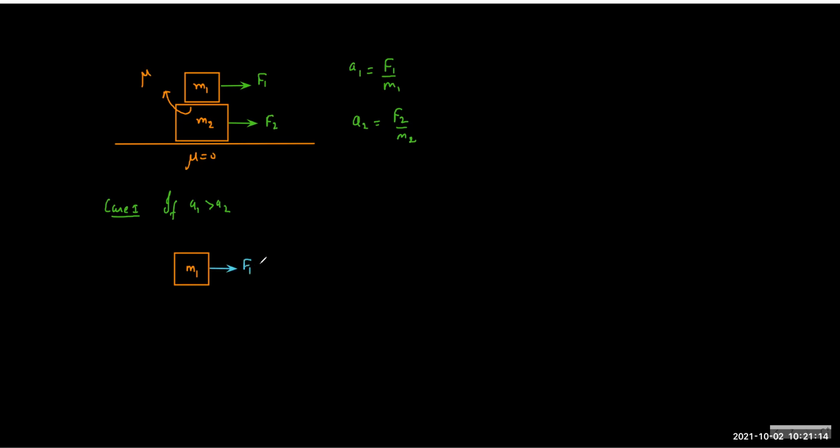So M1 will experience the friction force on the left, and as the action-reaction pair, the same friction will act on M2 towards the right. So given a situation, you can always decide the friction force.